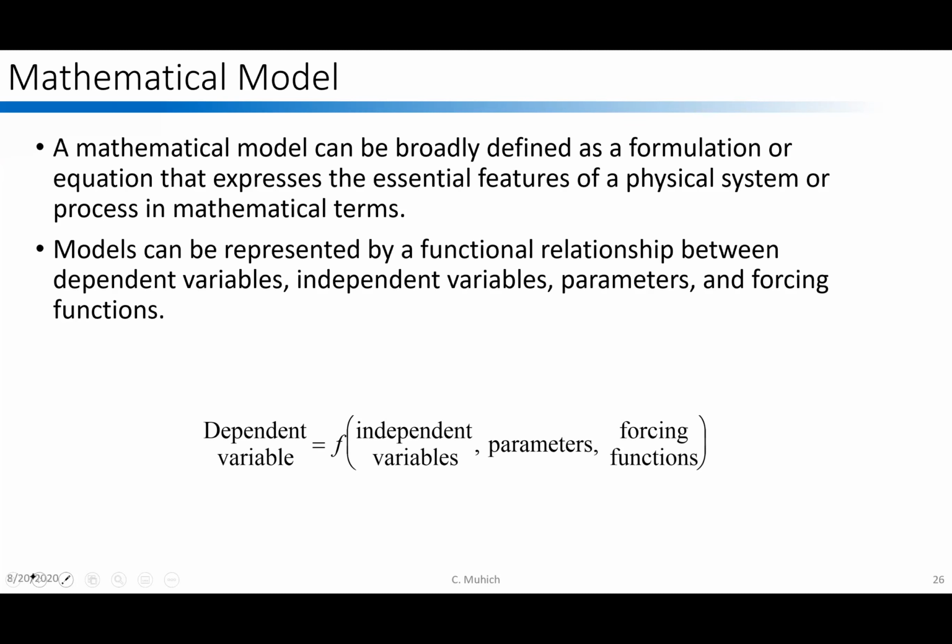We usually want to express mathematical models as some sort of dependent variable, which is a function, this F symbol, of independent variables, so maybe temperature, pressure, a set of parameters, for example the gas constant, and forcing functions, which are additional functions that prevent uncharacteristic or unphysical behavior.